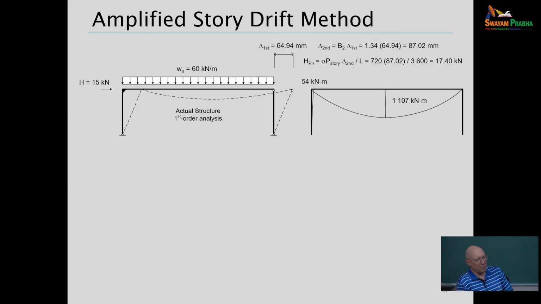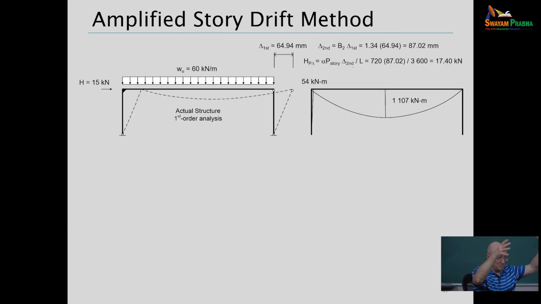Now, we looked a little bit at P delta shears in a leaning column earlier. This is basically a P delta shear: equal and opposite shear forces you can apply at the top and the bottom of the columns of your story to create the same effects as your P acting through your delta, your vertical load through the delta. How can we do that? Well, we take alpha P story times delta.